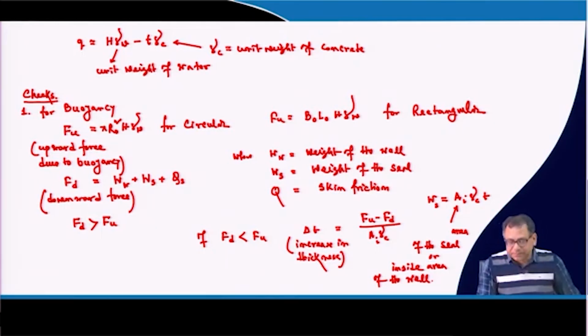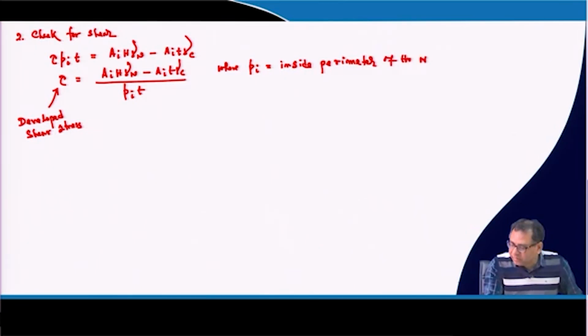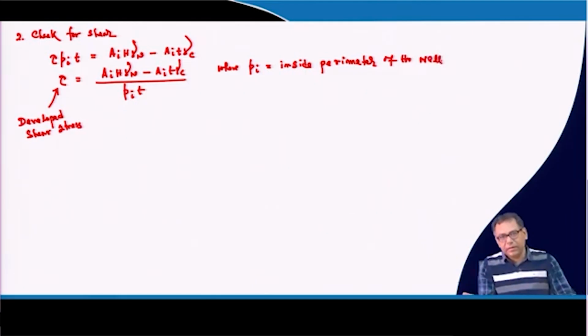This AI. Similarly, the PI is equal to inside perimeter of the well, and that is also equal to the perimeter of the seal.